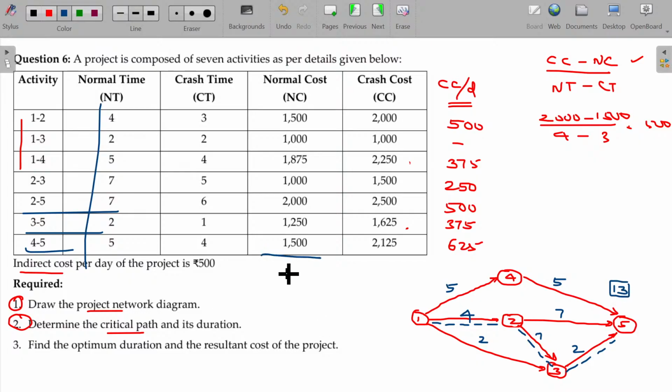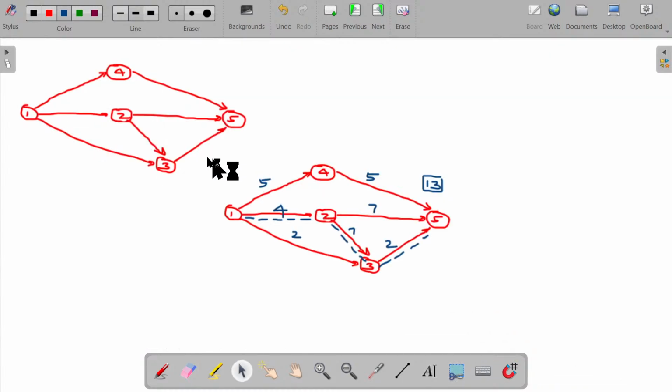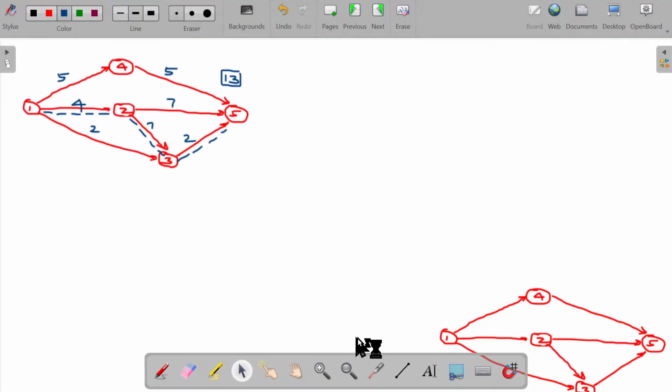What about the normal cost? Come on, get me the total normal cost here. $10,125. Now I am going to calculate the total cost for completing this project.